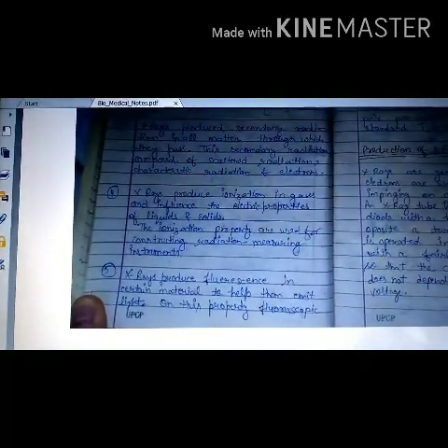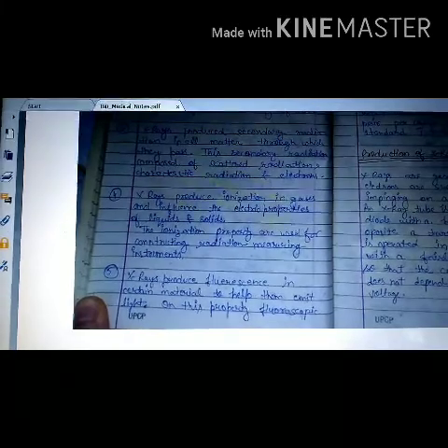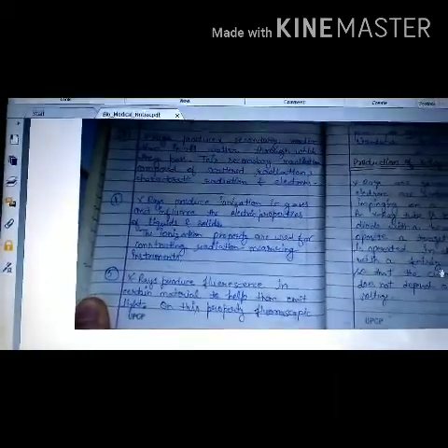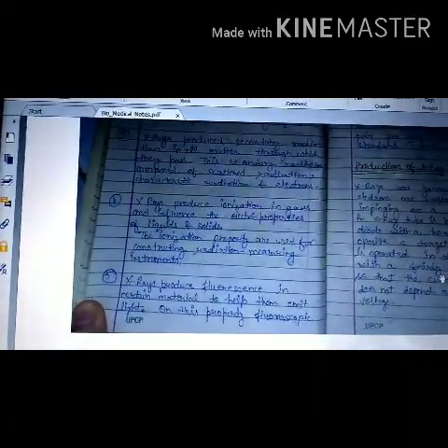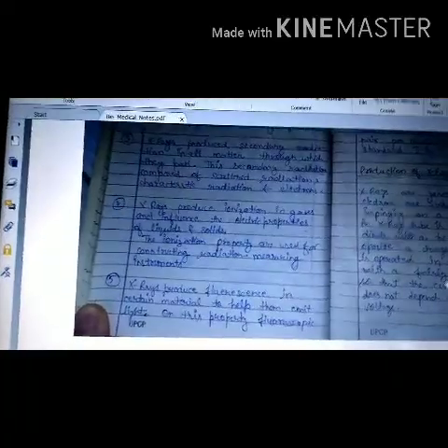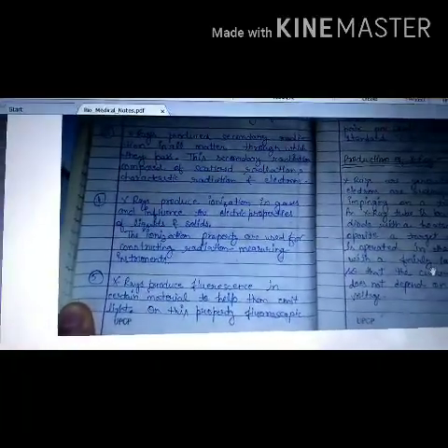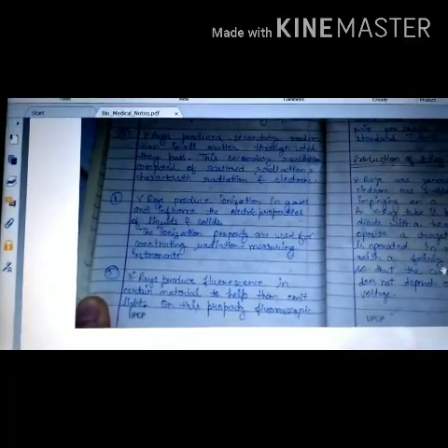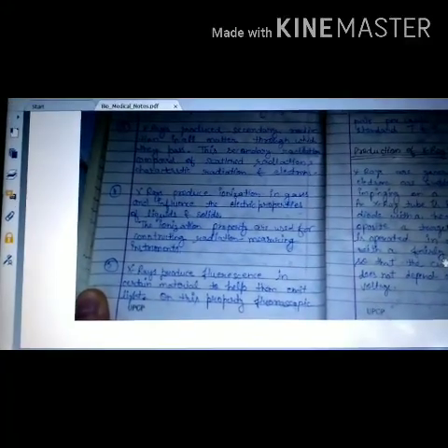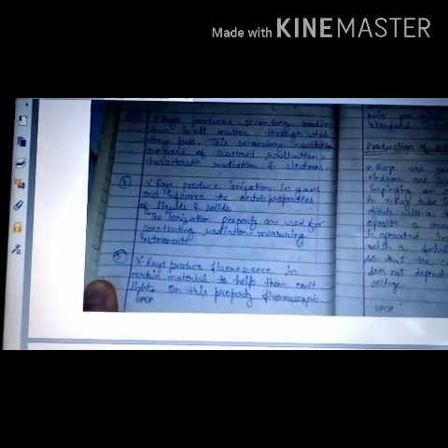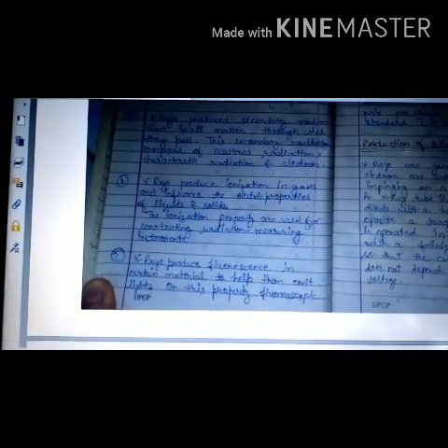Then X-ray produces fluorescence in certain materials, helping them emit light. Now fluorescence is a phenomenon where if you energize some material, it will emit its own light for the time period it is getting the energy. Okay, so if X-rays are focused on a particular fluorescent material, it will produce light emission.